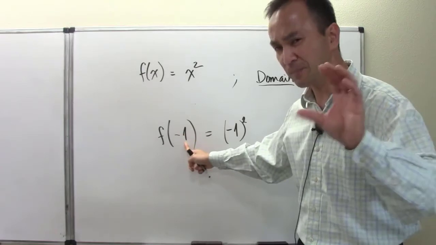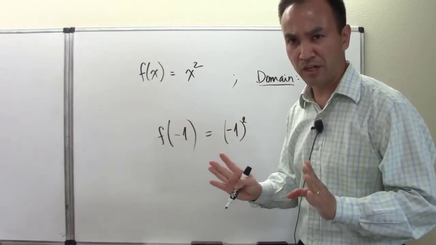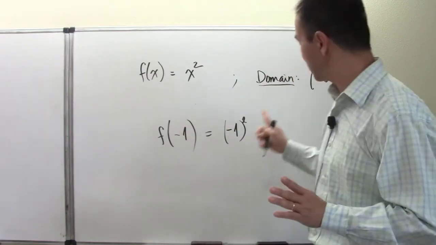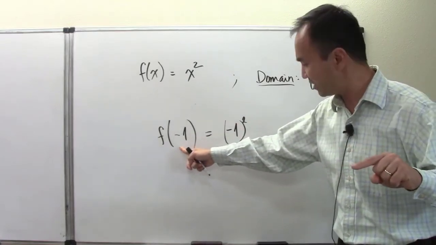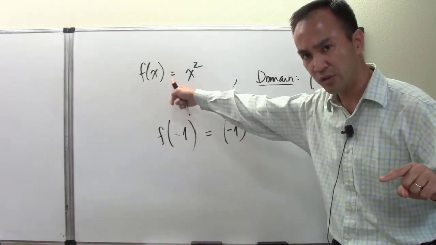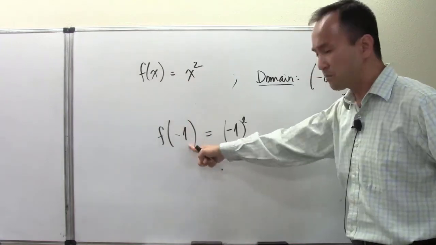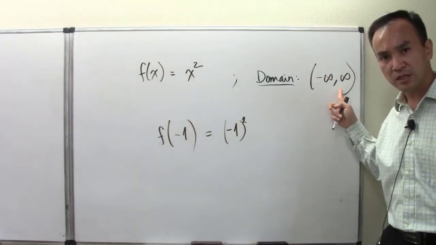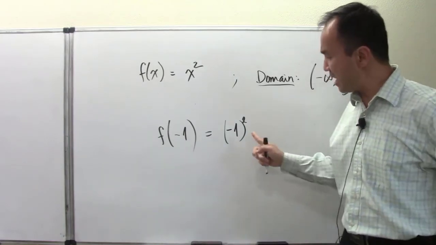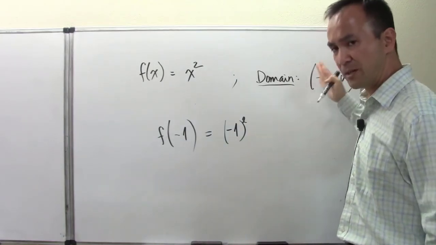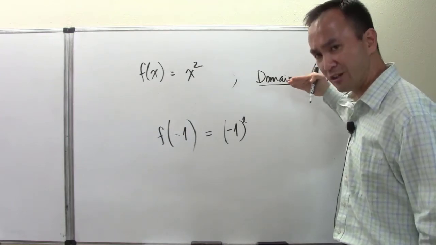The whole idea about being aware of the domain is that any input you are able to evaluate or substitute into the function must be an input that came out of this known domain. But now we're putting a pause on our domain discussion.